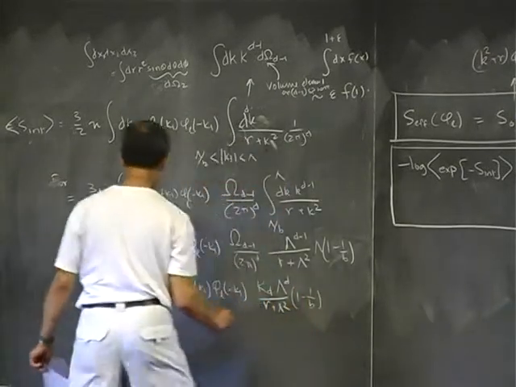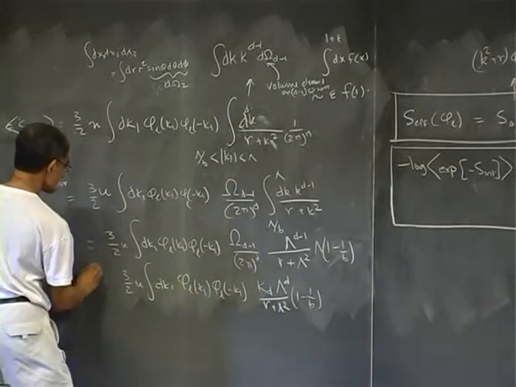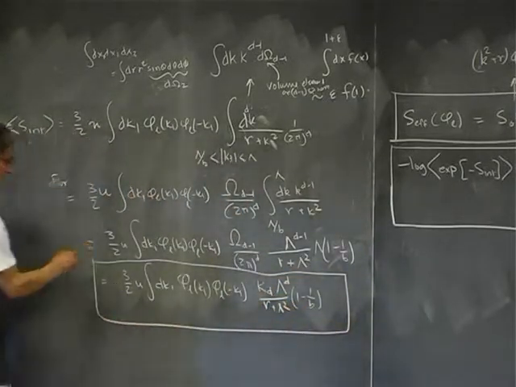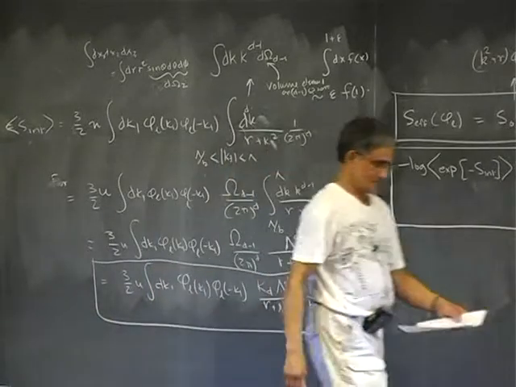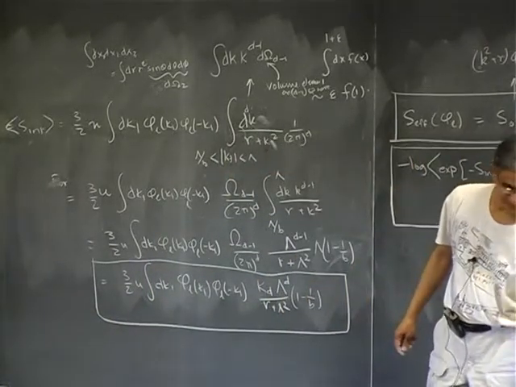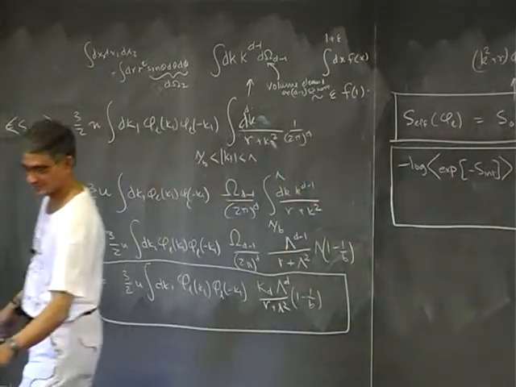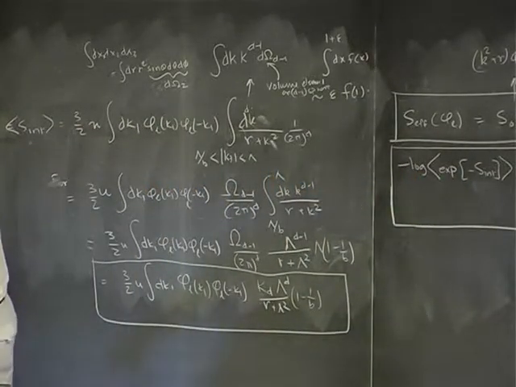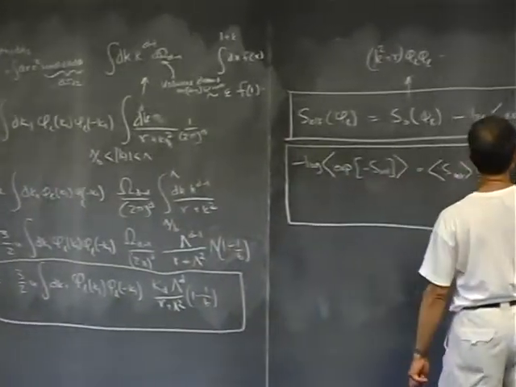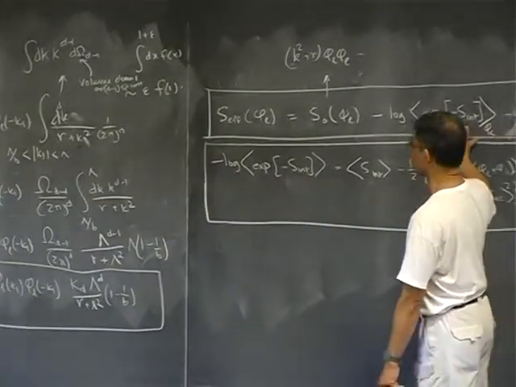Can you see this? Okay. What does this mean? What have we done? We are interested in just calculating this object, right?